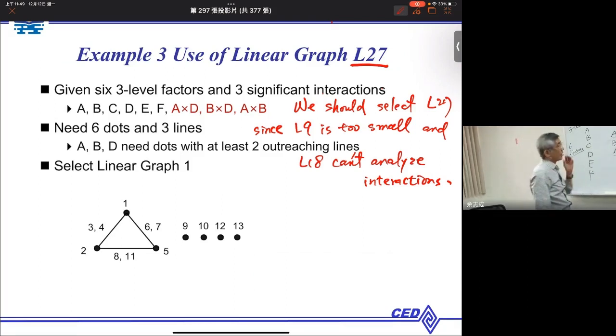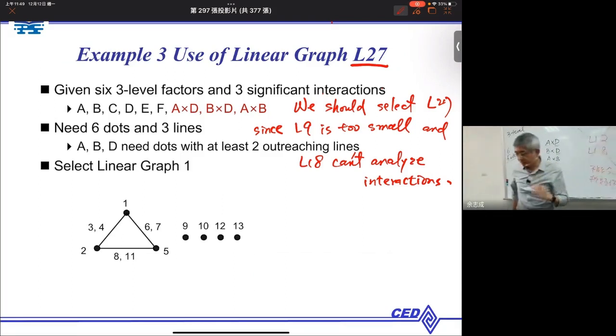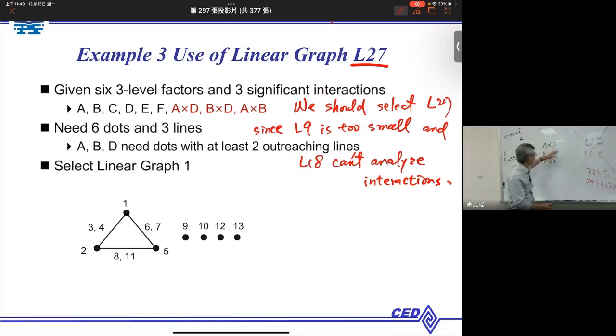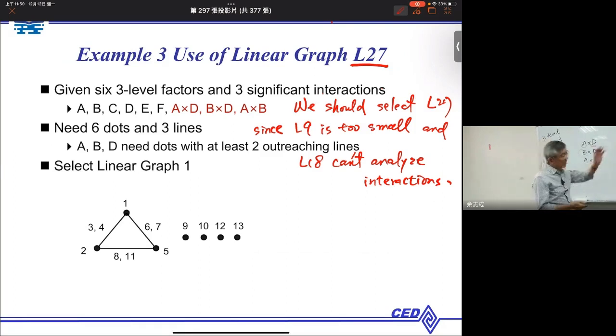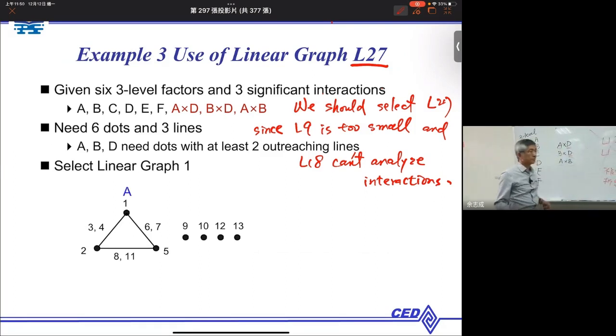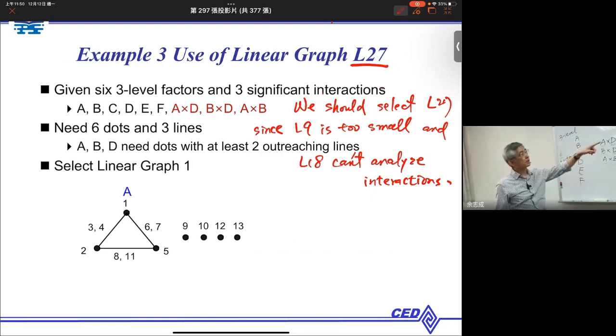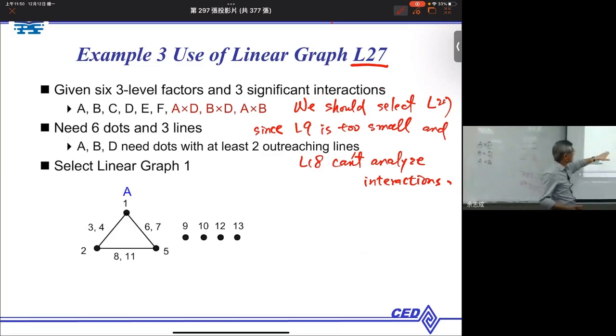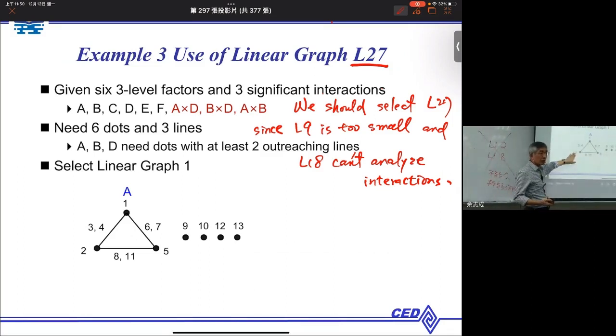So how to start? Let's start from these 3 factors, A, D, and B. Let's start from ABD. But we need to select this linear graph. Start from A and put it in column 1. You can put it in some other dot, column 2, they will be okay, but I put it in column 1.